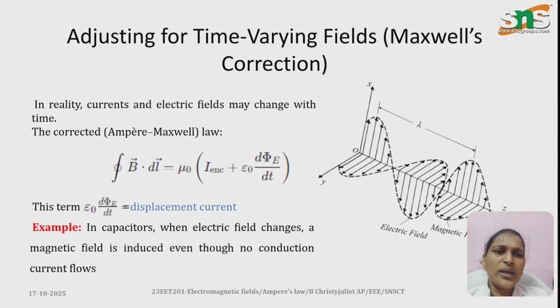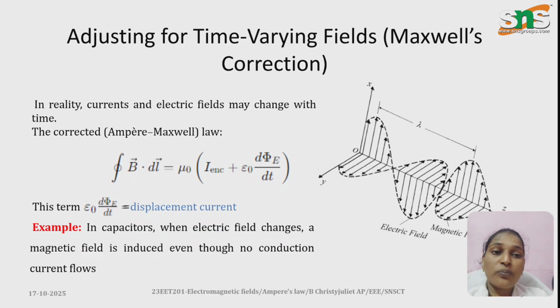Now, how can we change this current, thereby producing the magnetic field with respect to time? For a time varying magnetic field, Ampere's law can be reformulated as the integral of B dot dl is equal to mu naught times the current enclosed plus epsilon naught d phi by dt, which is the electric field part. So for producing a magnetic field, the electric current plays a vital role, and the electric flux plays a vital role.